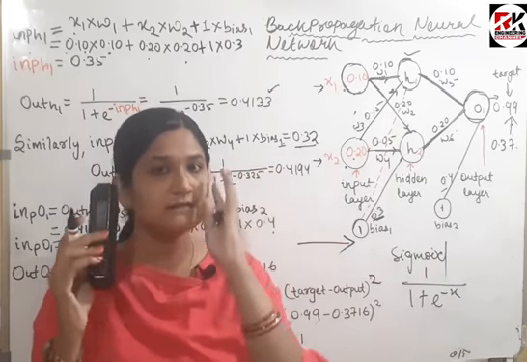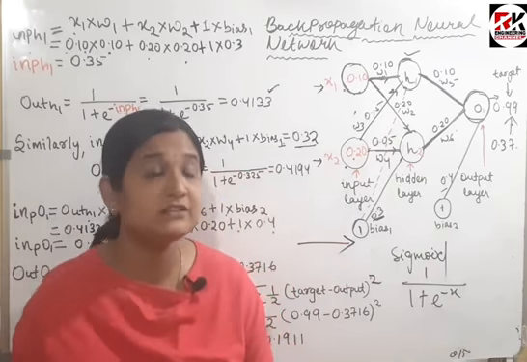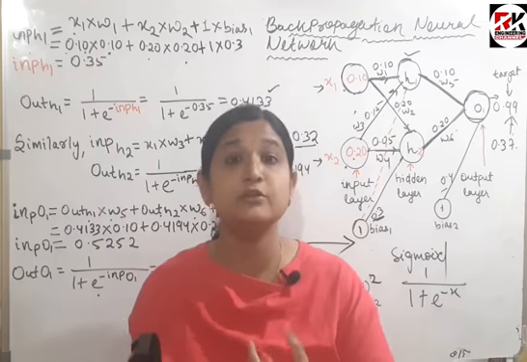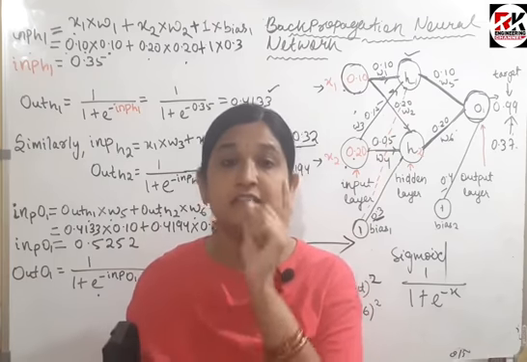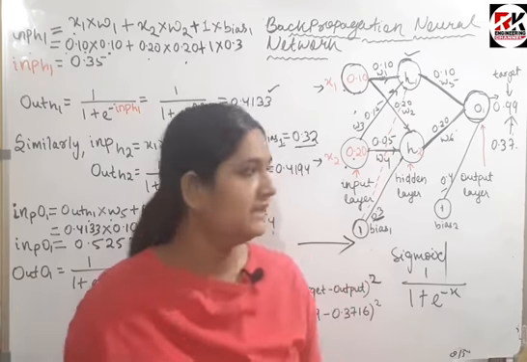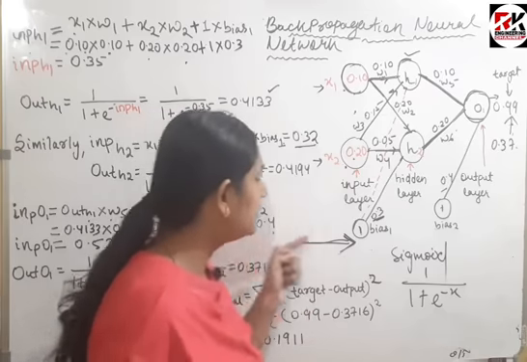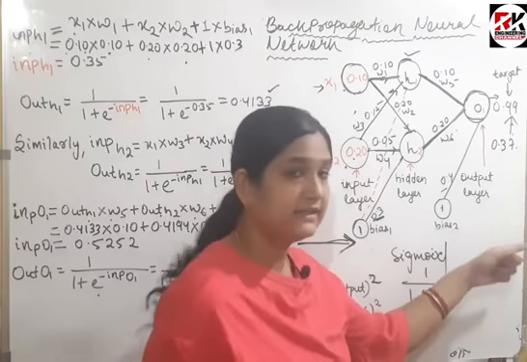Okay, now there is some error. I have not reached my target output, that is 0.99. The error should not be 0.1911. The error should be 0. Once the first forward propagation is done, I have gone through this forward direction.